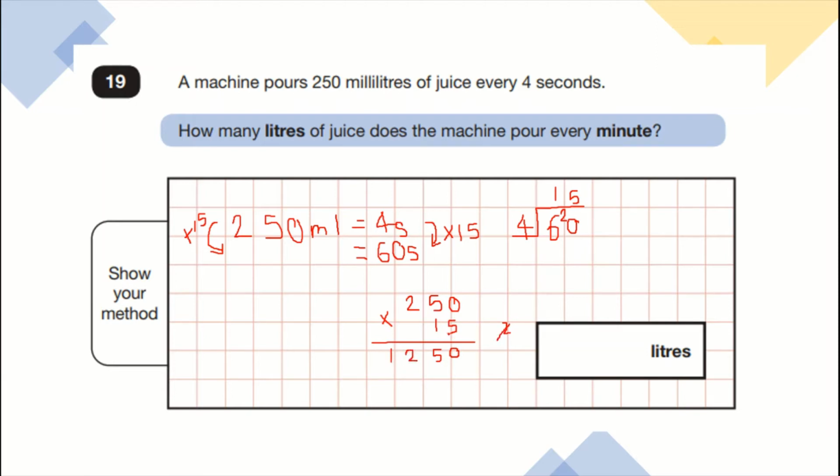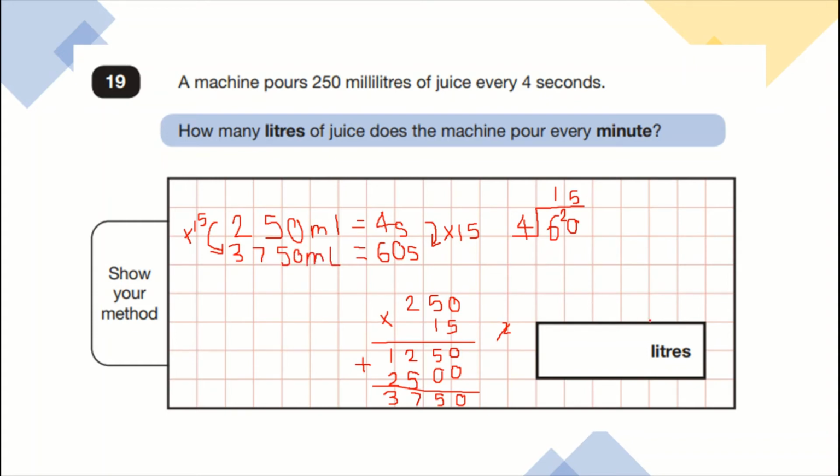Now moving on to our next digit, putting a 0 down first. 1 times 0 is 0, 1 times 5 is 5, 1 times 2 is 2. Now we're going to add them all together. 0 plus 0 is 0, 5 plus 0 is 5, 5 plus 2 is 7, 2 plus 1 is 3. So 3,750 millilitres.